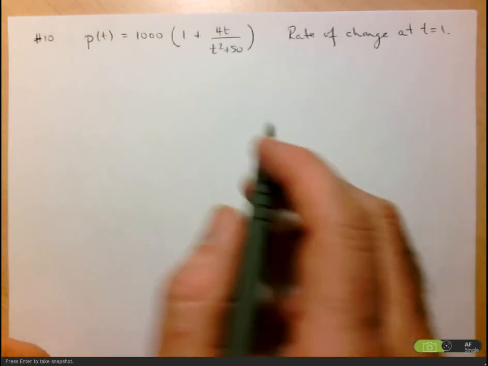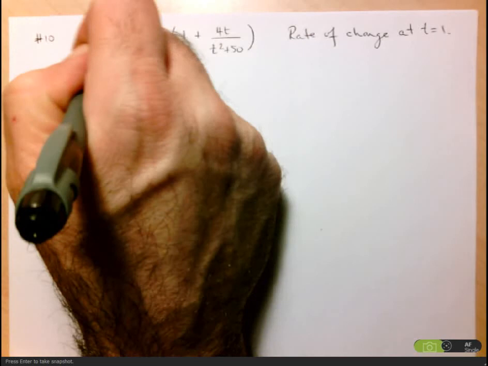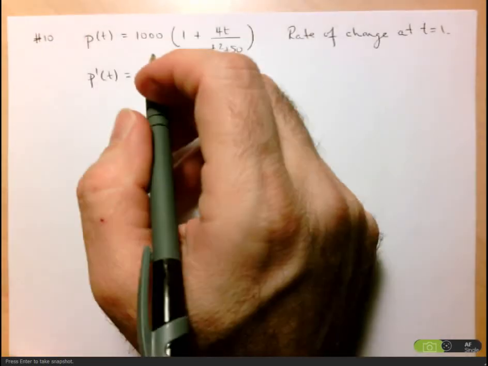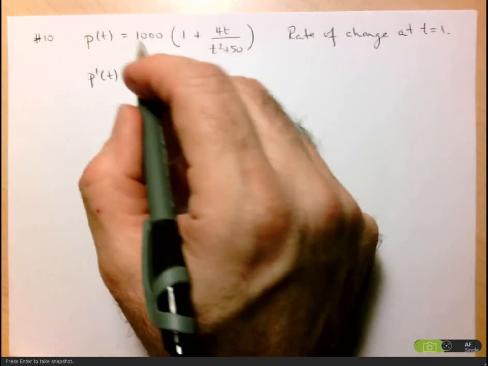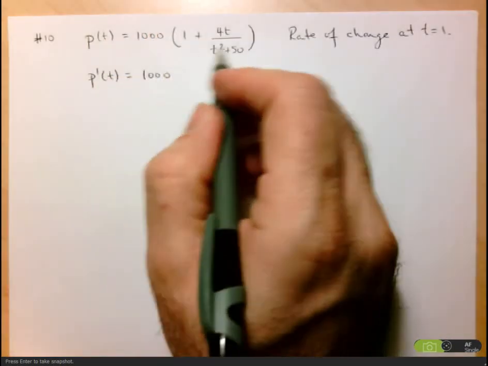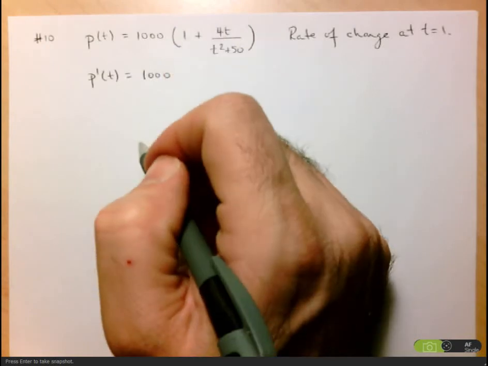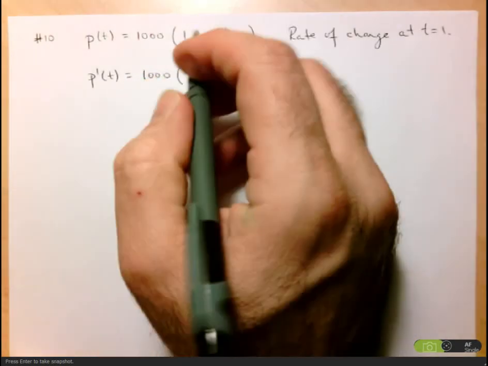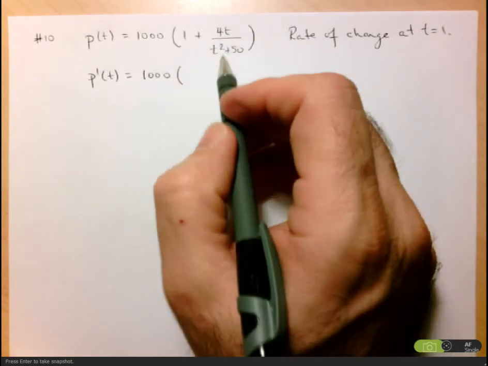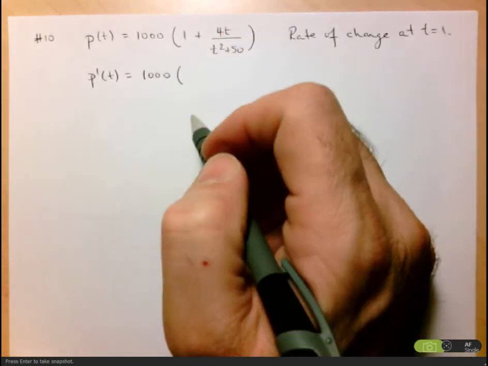Since we want the rate of change, we're going to be finding the derivative of this population function. Here, 1,000 is just a constant, so I just leave that out. It'll be 1,000 times the derivative of this function in the bracket. The derivative of 1 is just 0, so we don't need to consider that. Now I'm going to use the quotient rule on what's left over.